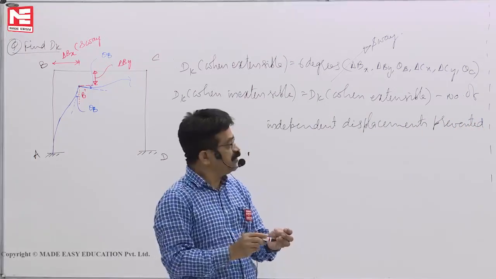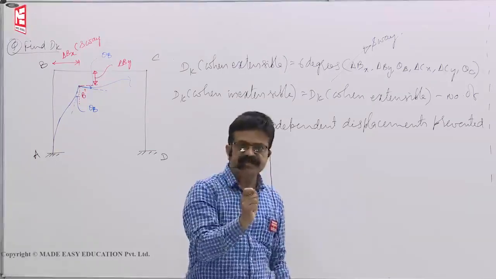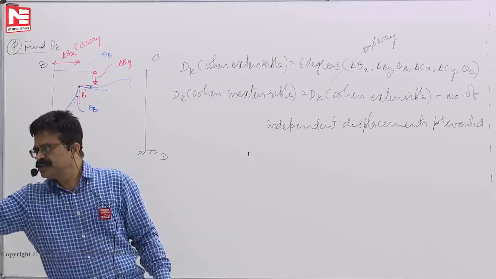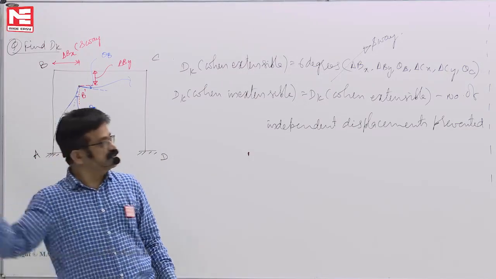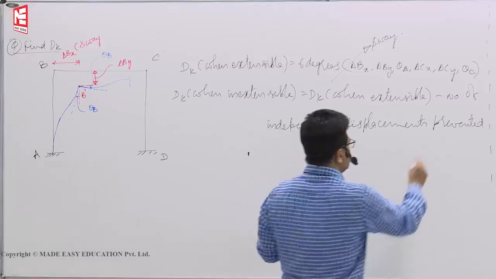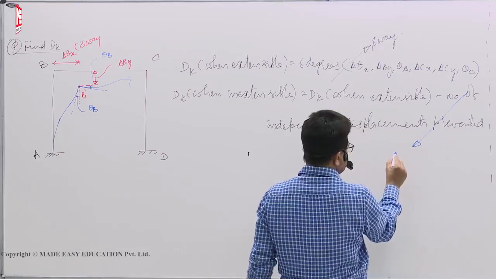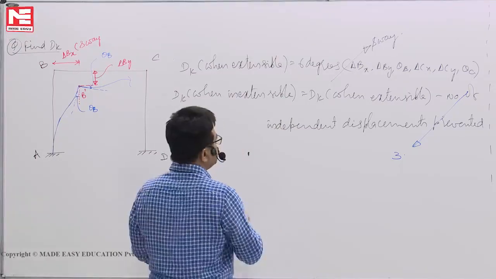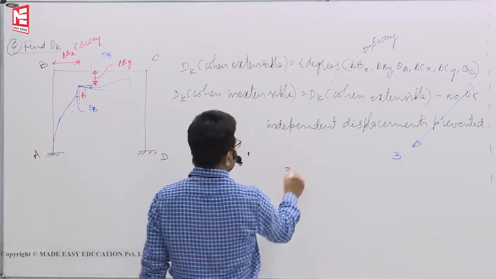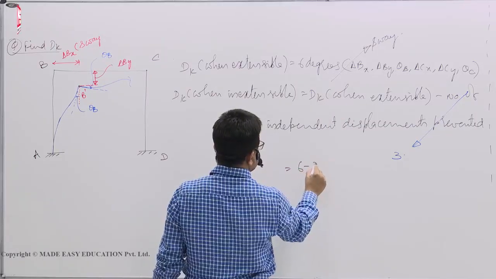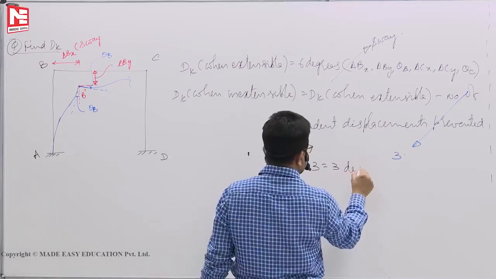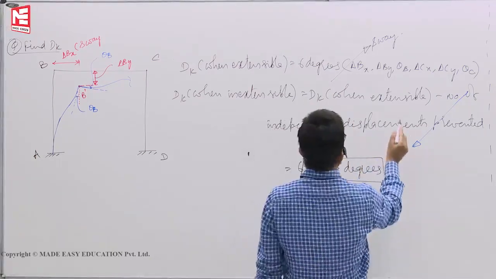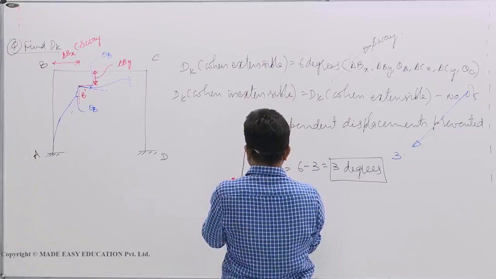Now I told you independent displacements prevented means each member in its longitudinal direction deformations are not possible. So there are 3 members, so 3 deformations are not possible. So independent displacements prevented are 3. Now in the general case, dk when extensible is 6 minus 3, you will get 3 degrees. dk is generally 6 degrees, or 3 degrees.